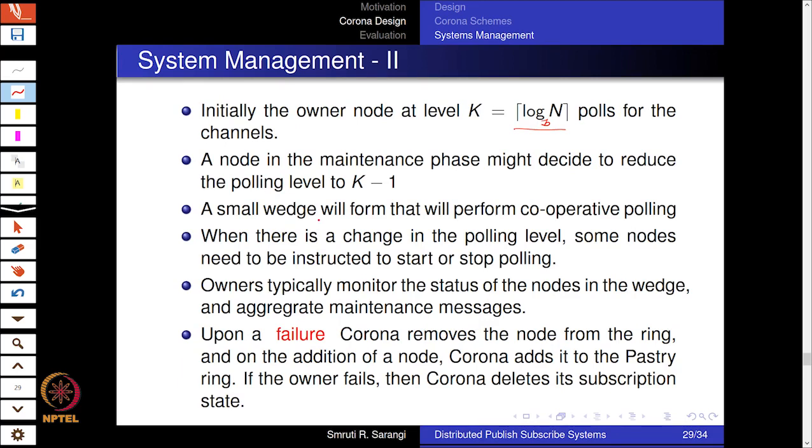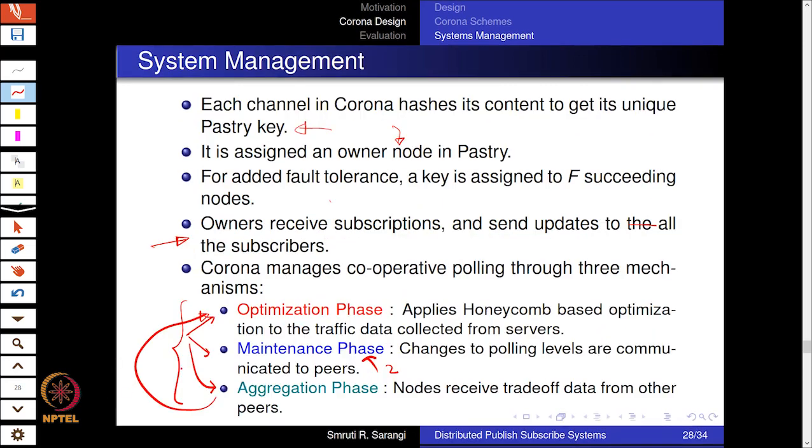In this case, a small wedge will form that will perform cooperative polling. Whenever there is a change in the polling level, some nodes need to be instructed to start or stop polling, which a node will take care of. Owners will typically monitor the status of all the nodes in the wedge and aggregate all the maintenance messages, sorry, at the end over here in the aggregation phase.